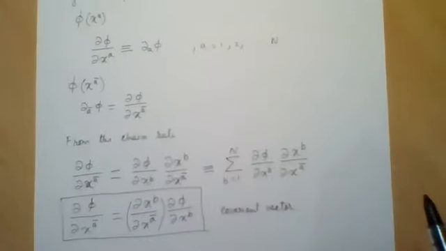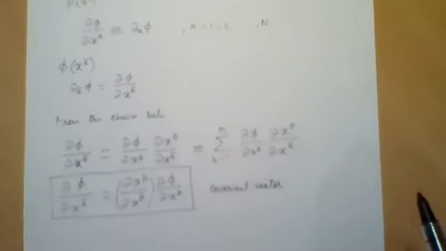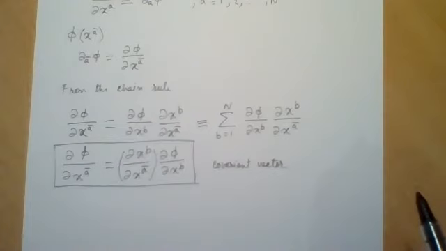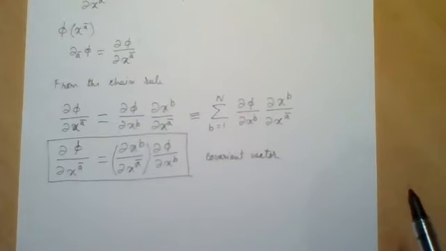So the basic example of a covariant vector is the gradient of a scalar field, and the basic example of a contravariant vector is the tangent to a curve at a point.